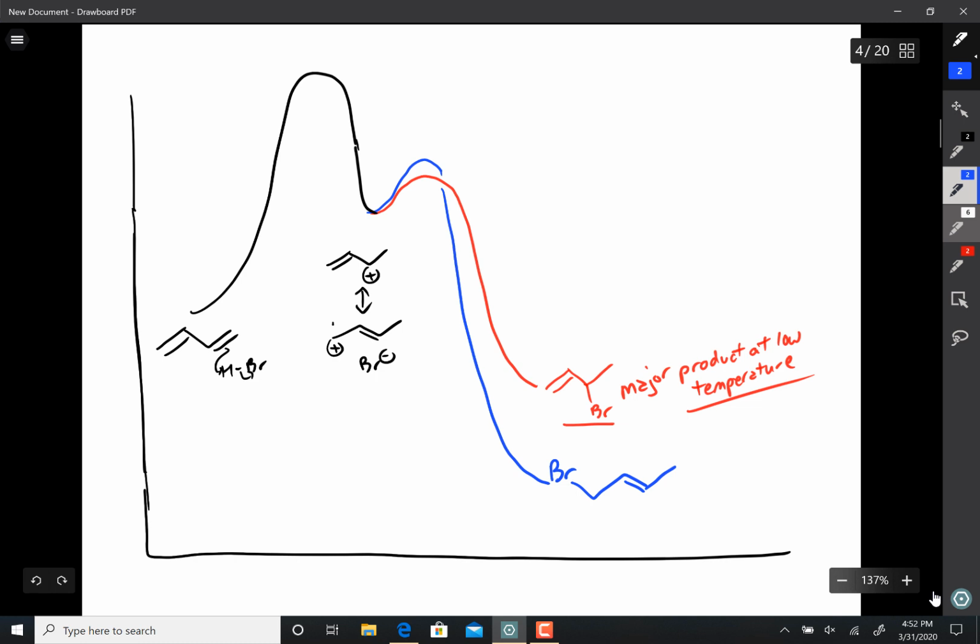So the reaction may go over the smaller hump, but that's also the first reaction to go backwards. And you get just this slow accumulation of this product. So this is the major product at higher temperatures, because of the reversibility. This is what's called the thermodynamic product.